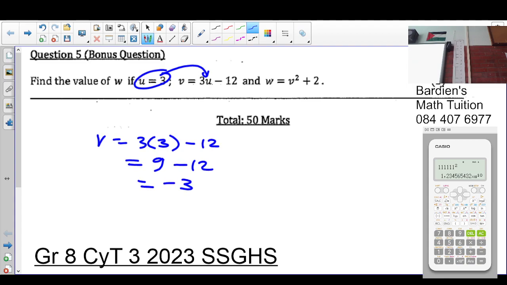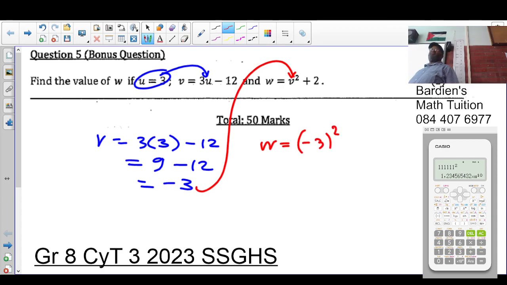Now, to get W, negative 3 must be squared. Some of you left out the brackets. Why? That negative must also be squared. Plus 2. What's negative 3 squared? 9 and 9 plus 2? 11.